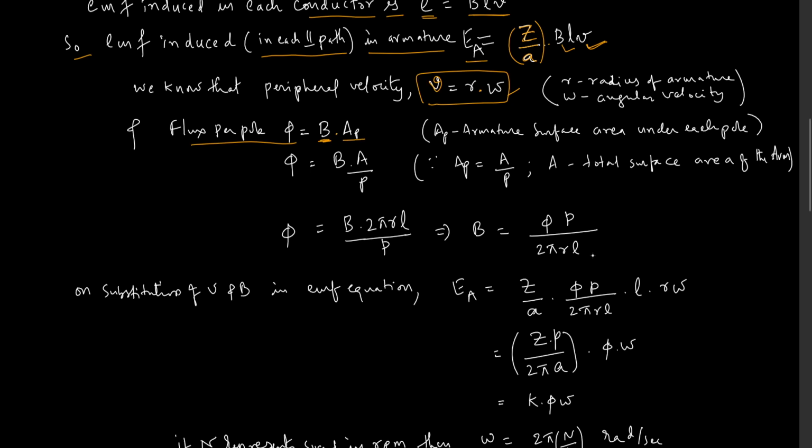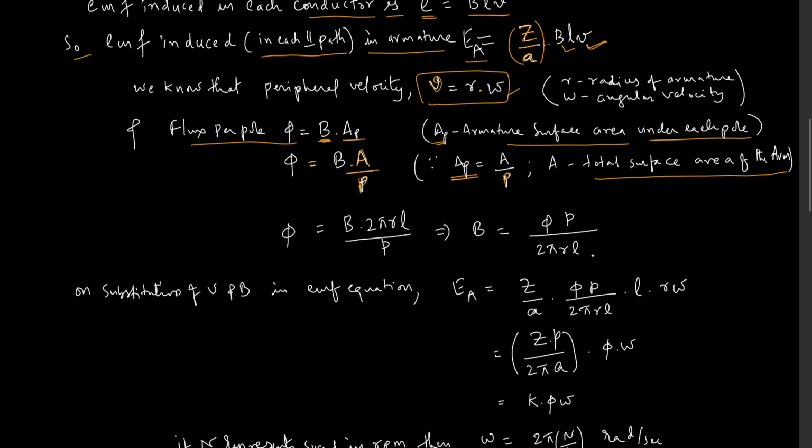That is, phi is equal to B into capital A by P, where capital A is the total surface area of the armature. The total surface area of the armature divided by P gives the area under each pole. Ap is the armature surface area under each pole, which is equal to A by P, where A is the total surface area of the armature.